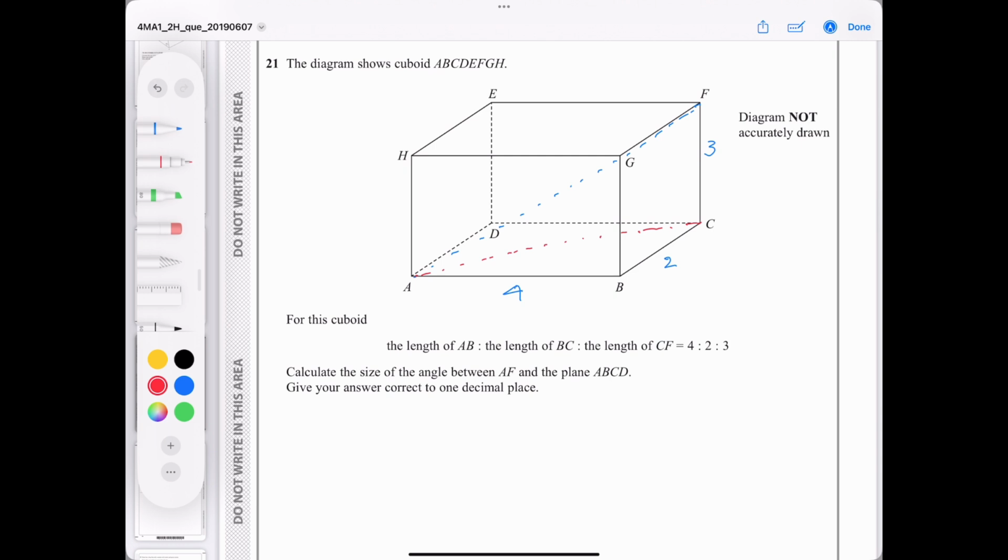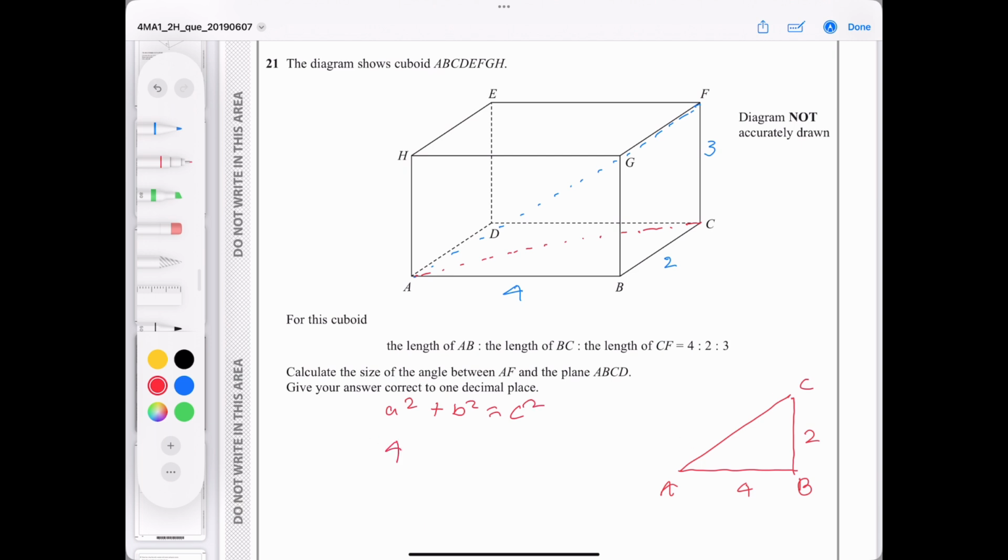So we've got AC, this is A, B, C. So actually what we've got is 4, 2, and we are trying to find what AC is, so we're going to use Pythagoras. So we know that Pythagoras is a squared plus b squared equals c squared, c being the hypotenuse, which is the big one.